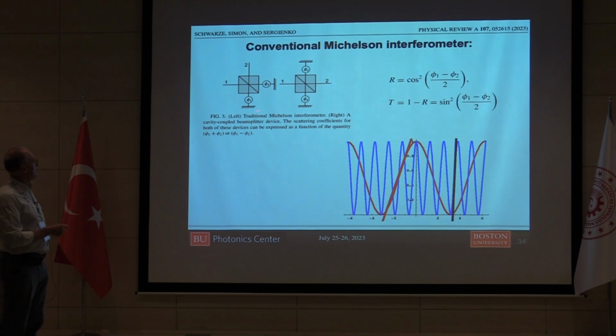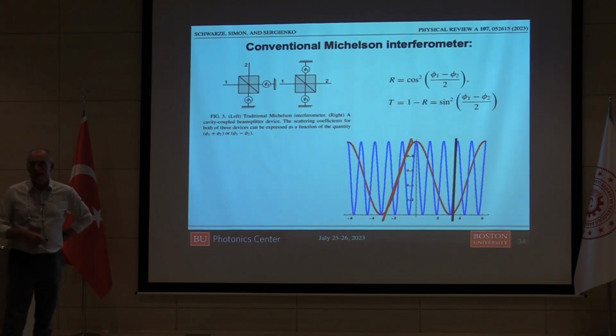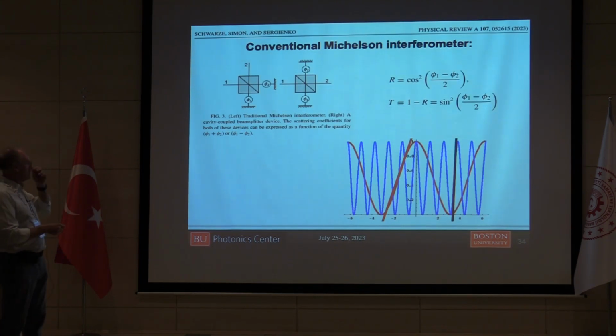So, the conventional Michelson interferometer. Everybody knows that, right? What the Michelson interferometer does is it has 2 arms with 2 mirrors, and basically 2 phase shifts can go there. When you look at the interferogram, it depends on phi 1 and phi 2. How does it depend?